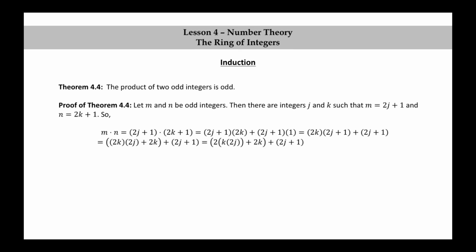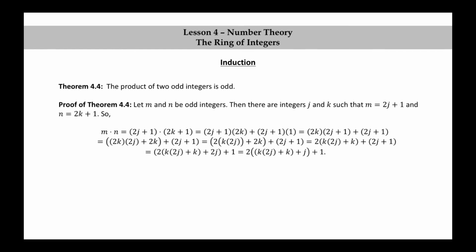Okay, now we can use associativity to rewrite 2k times 2j as 2 times k times 2j. And using distributivity, we can rewrite that left expression as 2 times k times 2j plus k. Now some associativity here to get 2 times k times 2j plus k plus 2j plus 1.